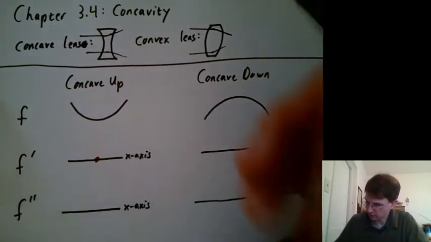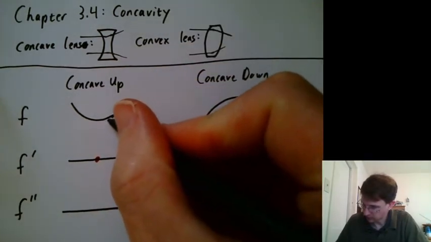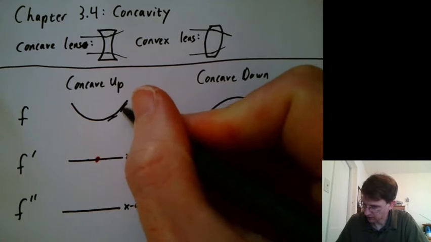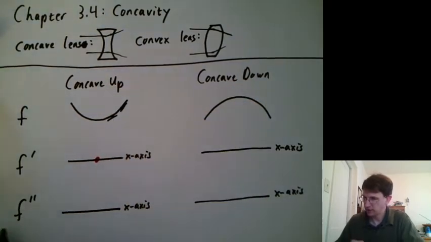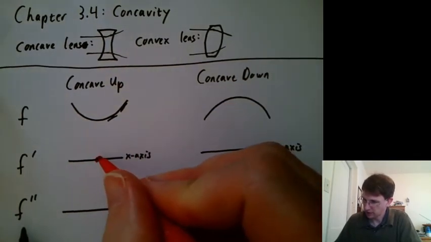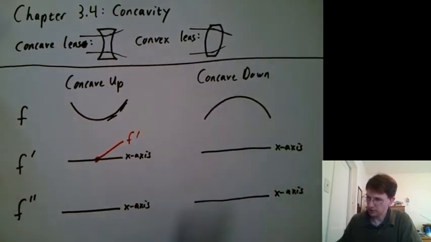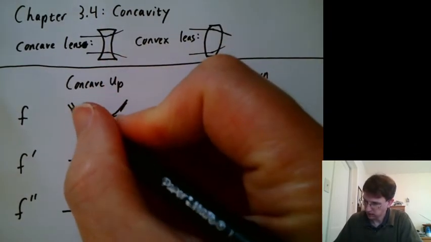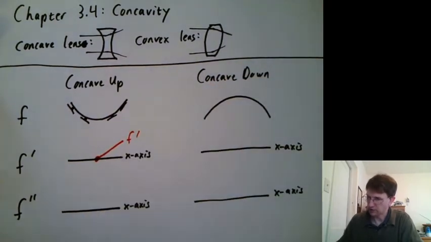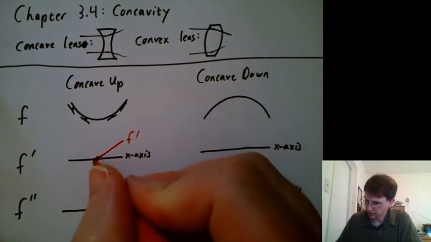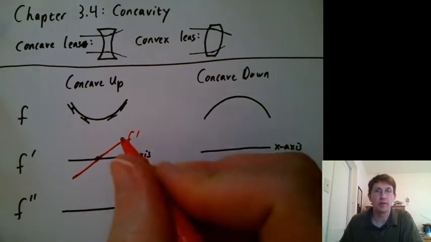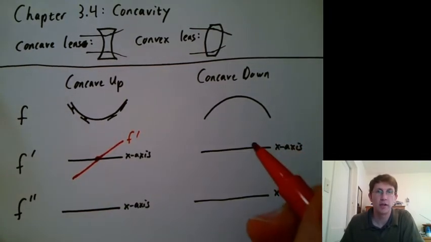Actually, we could draft those in with some positive slope tangent lines. So we'd have something like that. Here's f prime, and over here the slopes are negative. So we could have some tangent lines over there. So that's what f prime would look like for this concave up shape.